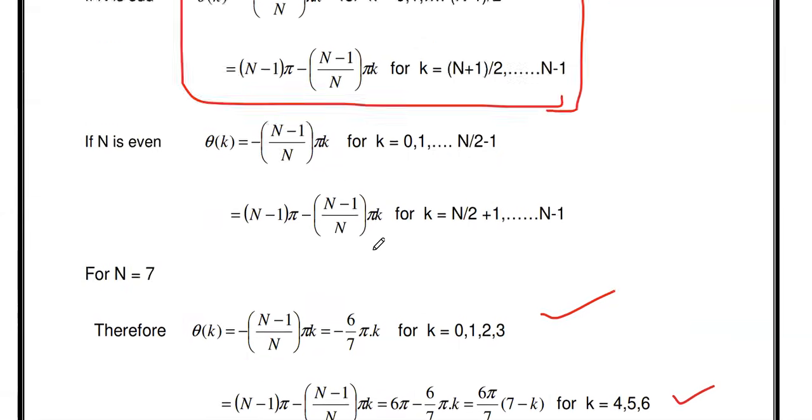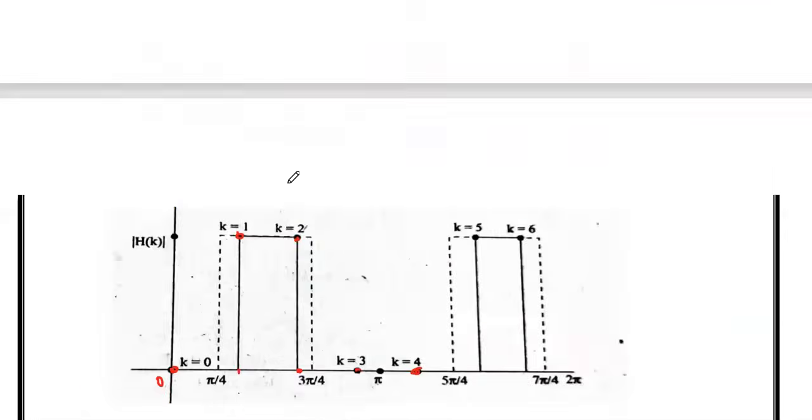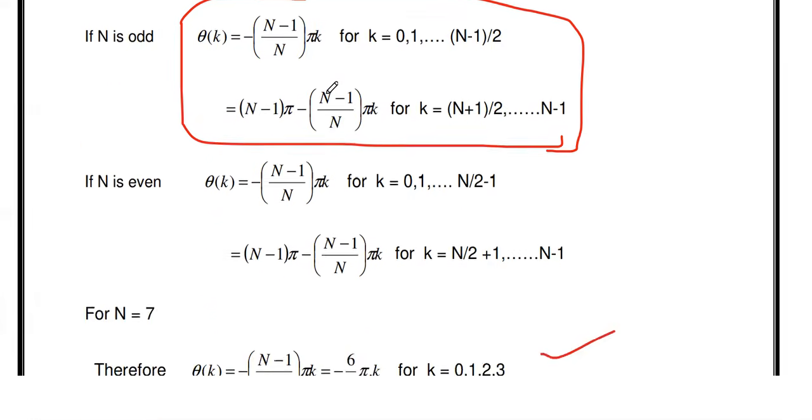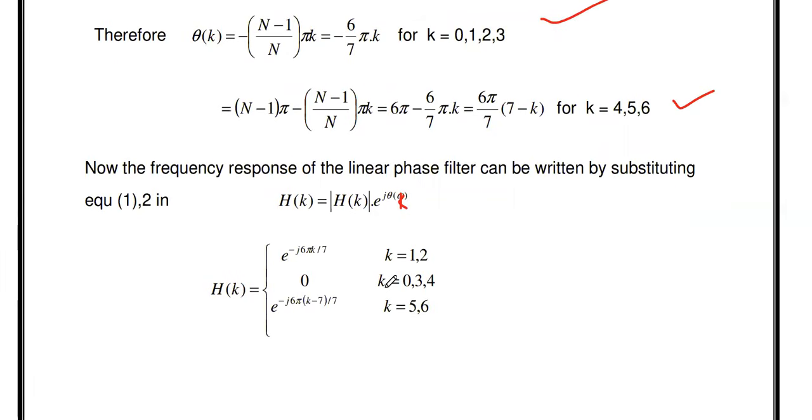The modulus of H of k is 1 for k values 1 to 5, 6. First, for k equal to 0, the value is 0. So for k equal to 0, H of k becomes 0, since the modulus of H of k is 0, and 0 into e power anything is 0.